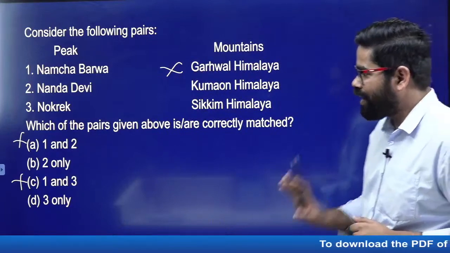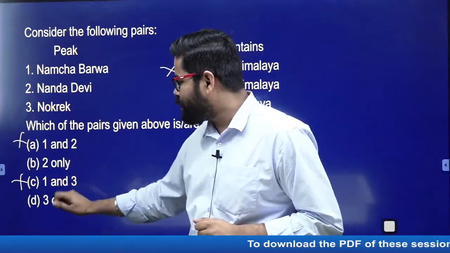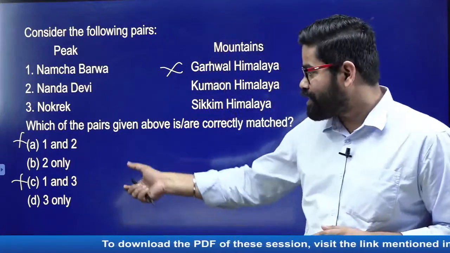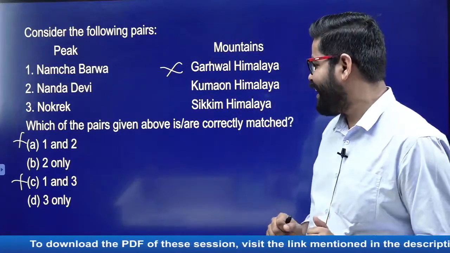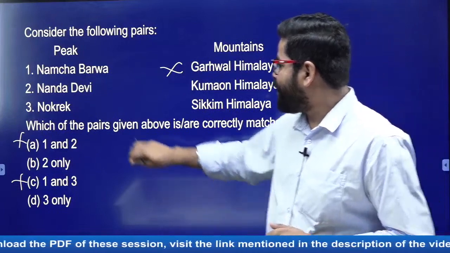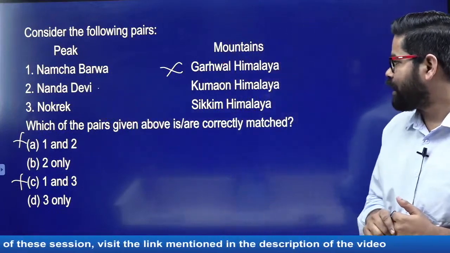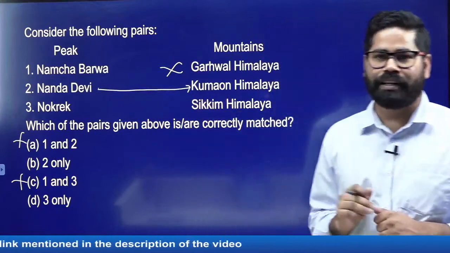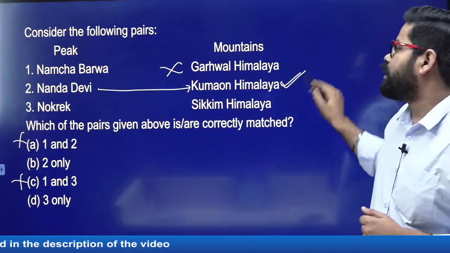Now we have two options, B and D, which have just one option each, 2 only or 3 only. If we look at the second option, Nanda Devi is in the Kumaon Himalayas, in the Uttarakhand region. So yes, it is correct.